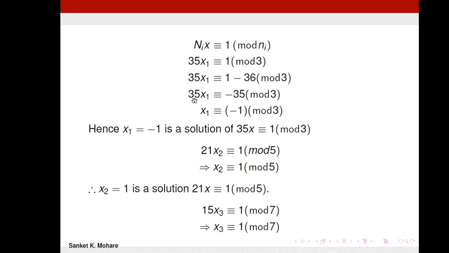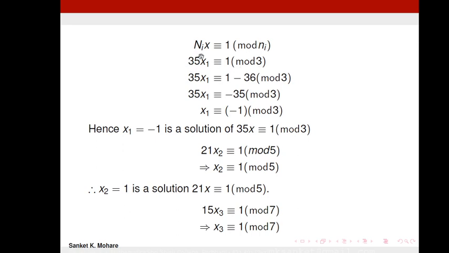So we obtained 35 x1 is congruent to minus 35 modulo 3. This implies x1 is congruent to minus 1 modulo 3, since minus 35 upon 35 is minus 1. Hence x1 equals minus 1 is a solution of the congruence 35 x congruent to 1 modulo 3. So we obtain the solution for this congruence.